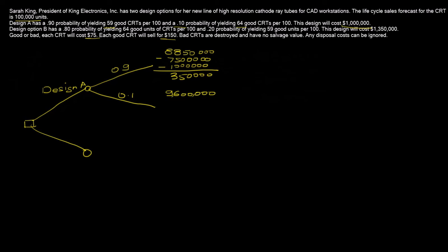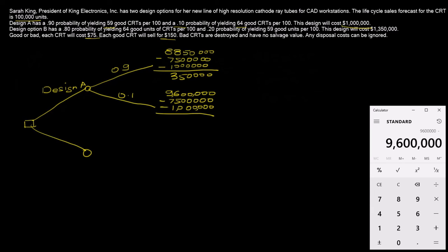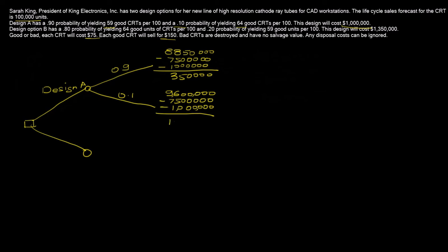Our cost of production would still stay the same, 7.5 million, and the fixed cost would also remain 1 million. So now we subtract the 7.5 million variable cost and the 1 million fixed cost, and we would end up with 1.1 million.